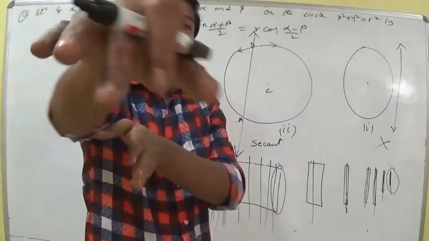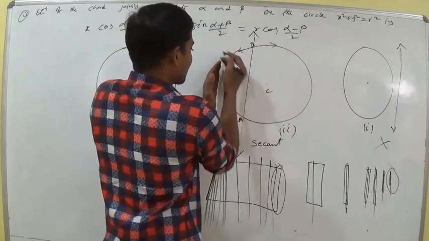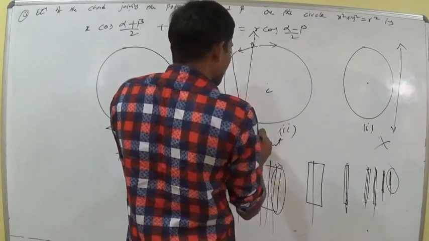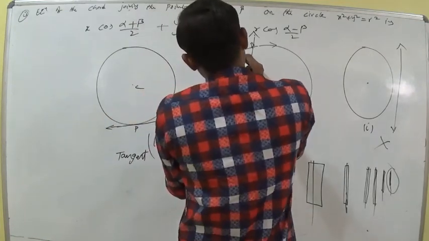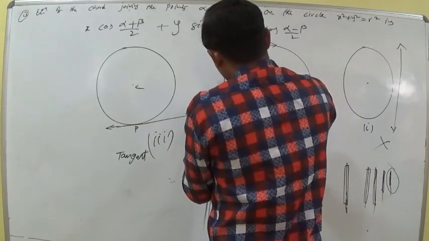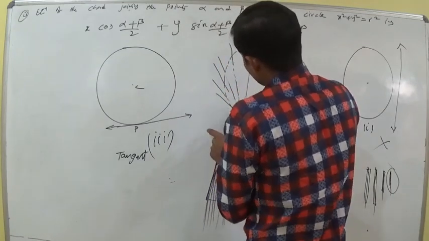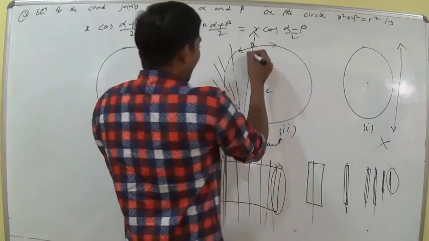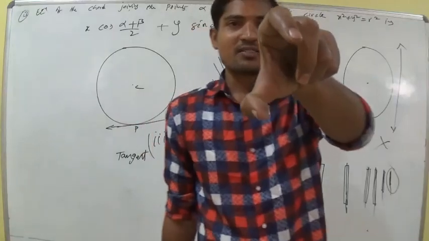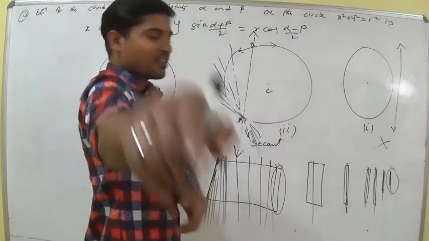B approaches A. I am not moving the position of A, and B comes closer and closer, and finally coincides with A. The point B coincides with A, then the secant becomes a tangent.